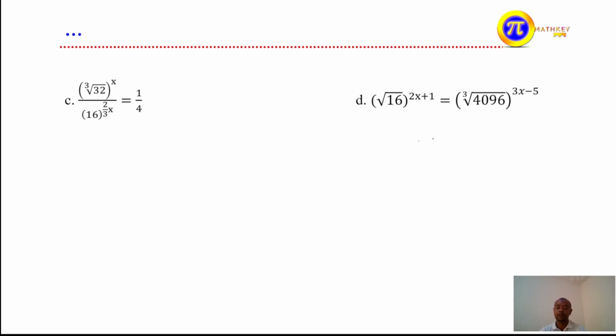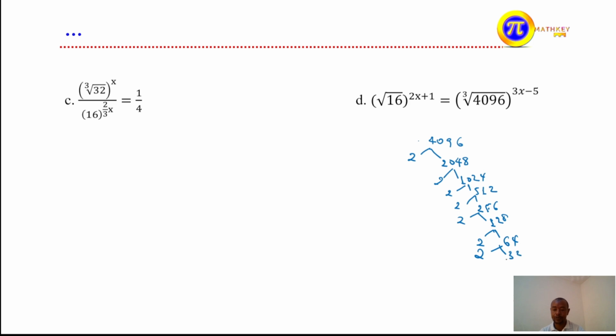That means 4096 divided by 2 is 2048, divided by 2 again is 1024, again by 2 is 512, again by 2 is 256, again by 2 is 128, divided by 2 again is 64, again 32, divide this by 2 again, that is 16.